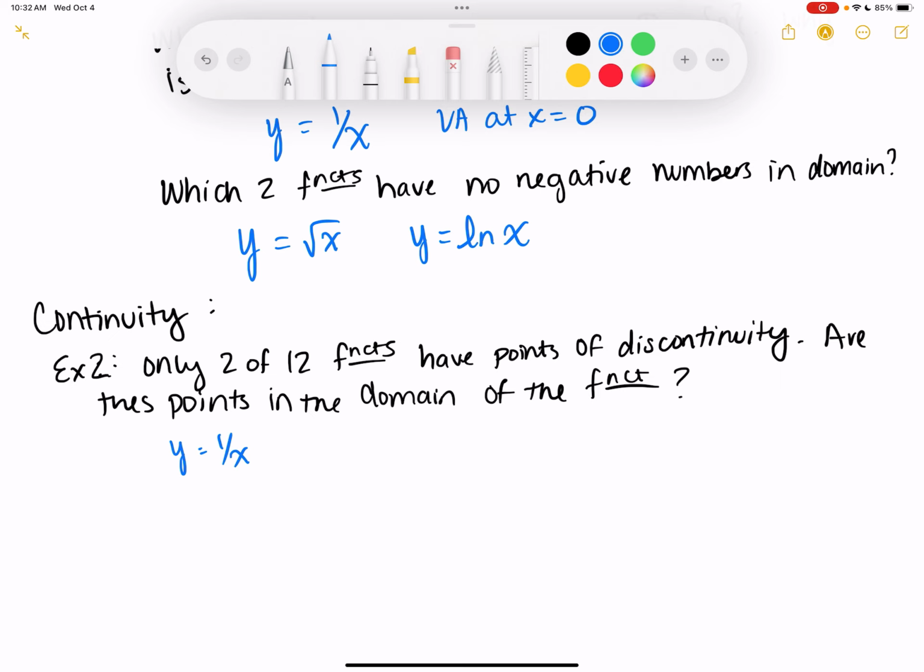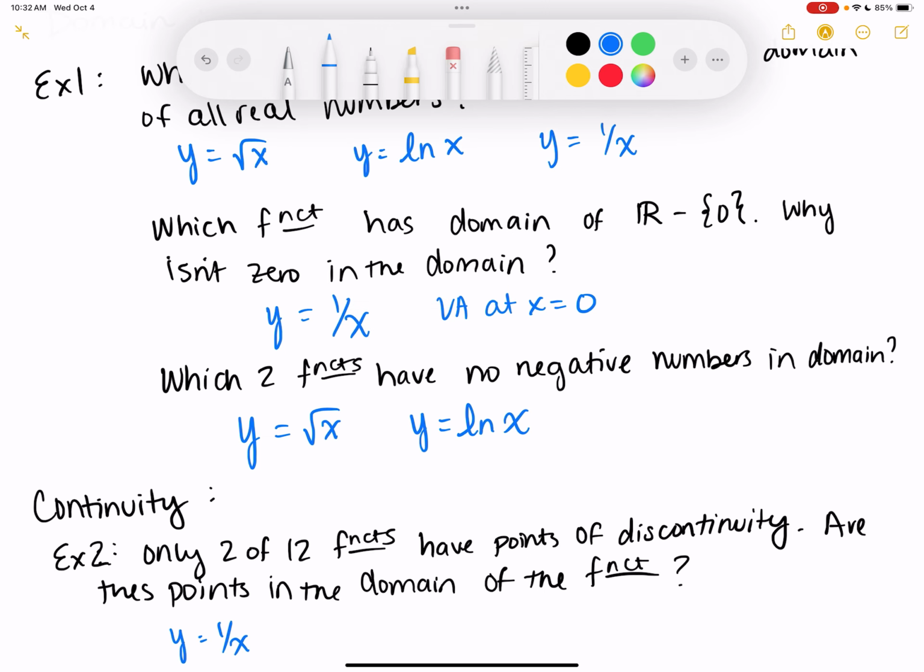But we've already said up above that 0 is not in the domain of the function. If we take that out, the graph itself is continuous everywhere else because there are no holes or gaps in it. So it's continuous on the domain, but it's not continuous at x equals 0 because that's not in the domain, because that makes it undefined.